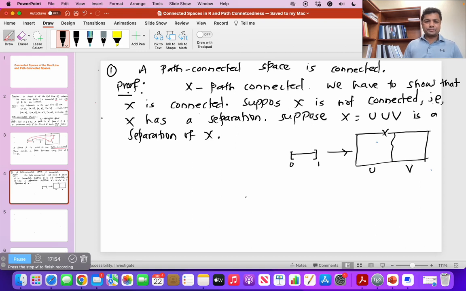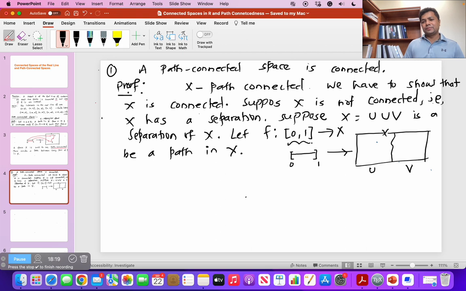And let's assume that path is this continuous function f from [0, 1] to X. Let this be a path in X. Now here you can see that this interval [0, 1] is a connected space because it's an interval of R, so it's connected.